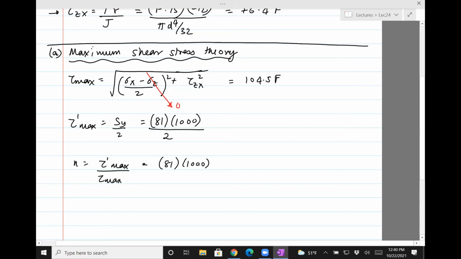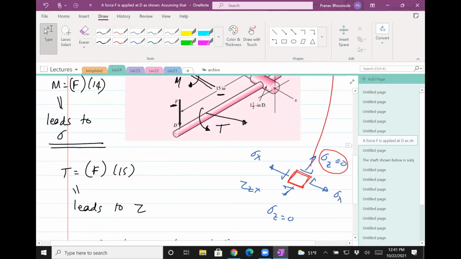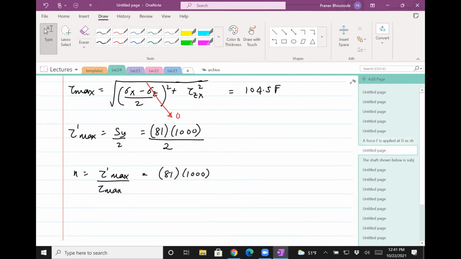But hold on, I don't have a factor of safety. Here it's assumed there's no factor of safety because it's not given in the problem. What it means is that this thing fails when the maximum shear stress is reached. So the factor of safety, in other words, is 1.